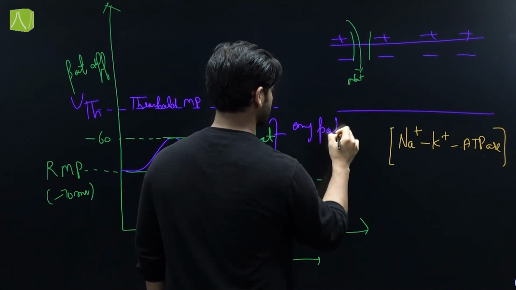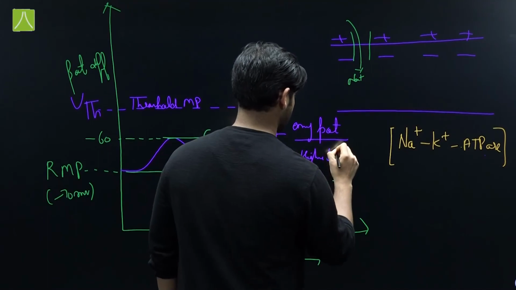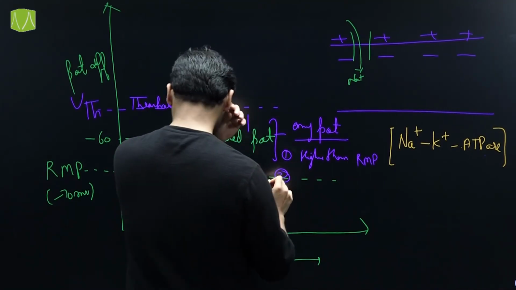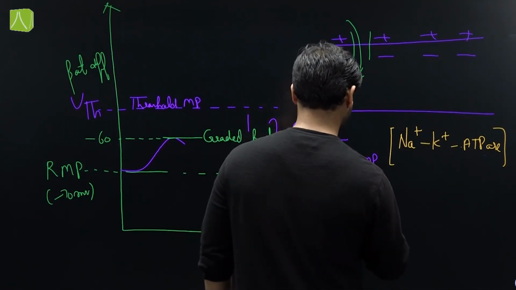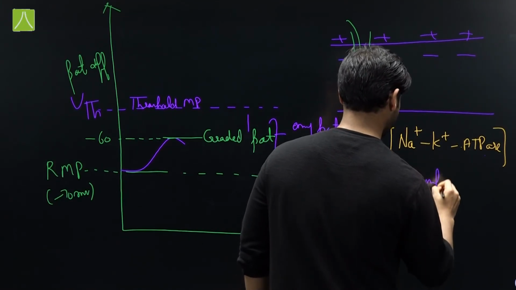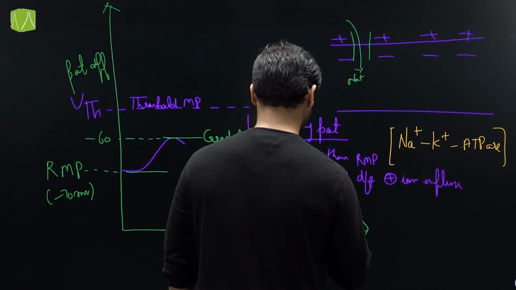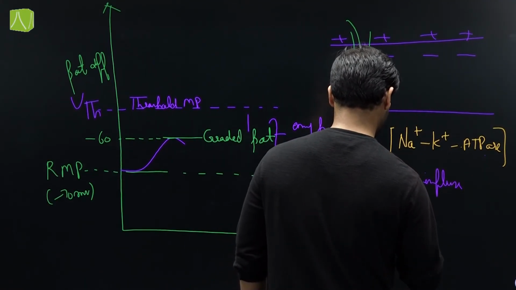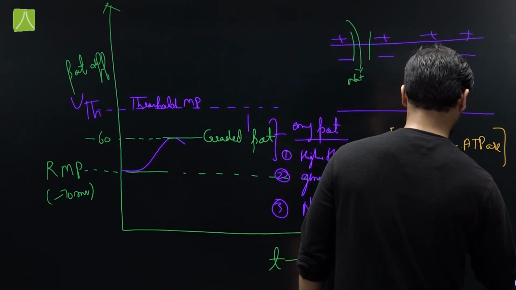Any potential higher than RMP or less negative than RMP, generated due to ion influx, and most important one, not able to initiate conduction.